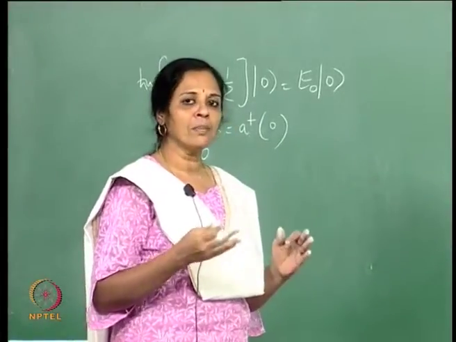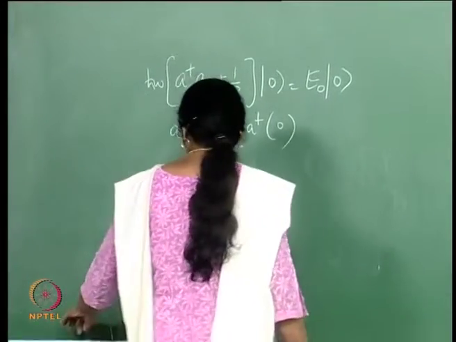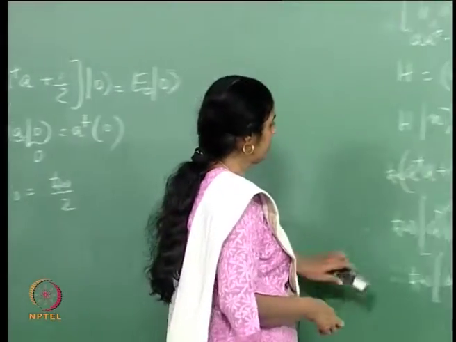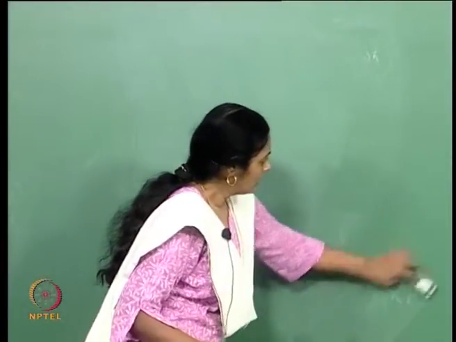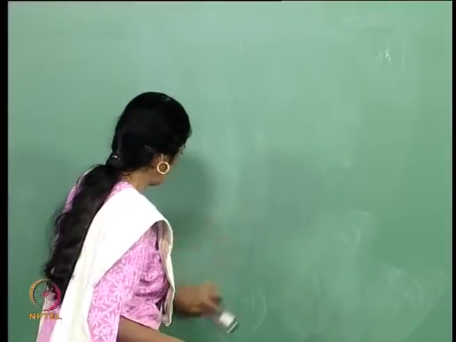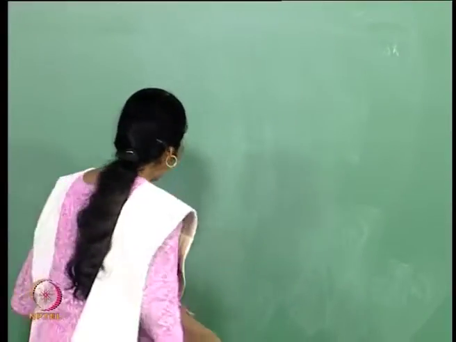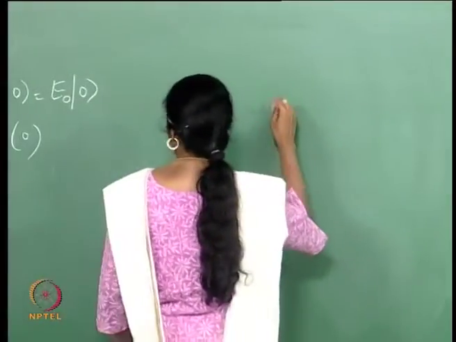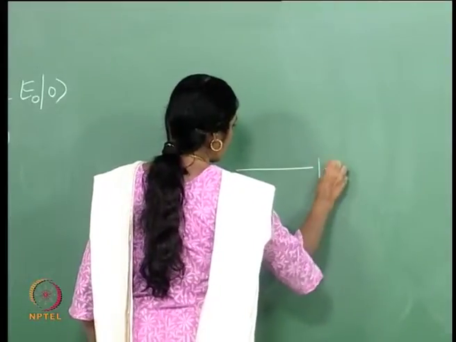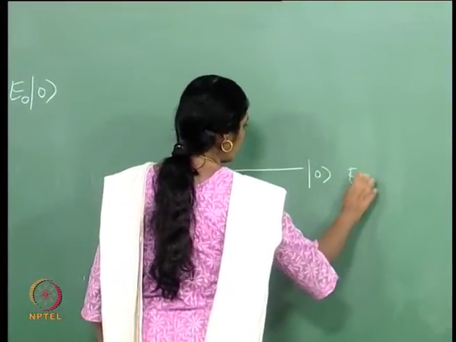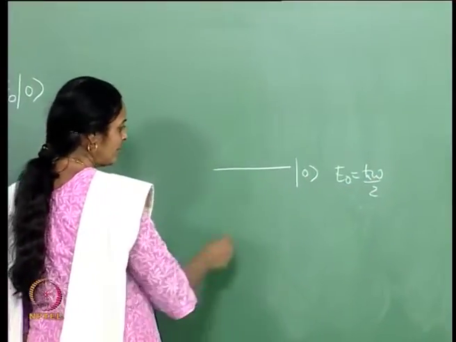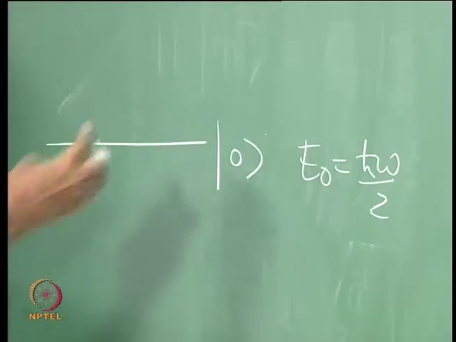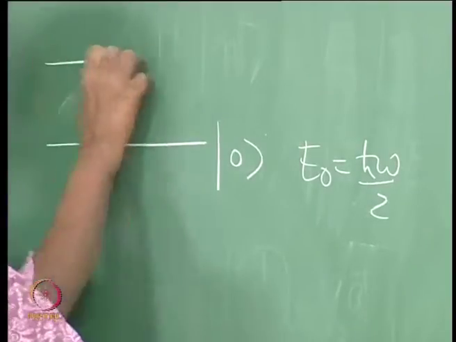I now have the complete picture. It is clear that ket 0 has energy h cross omega by 2, which I will call the zero point energy, because the lowest energy is a non-zero positive value, h cross omega by 2.